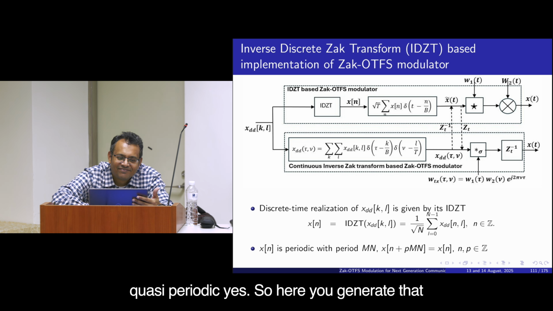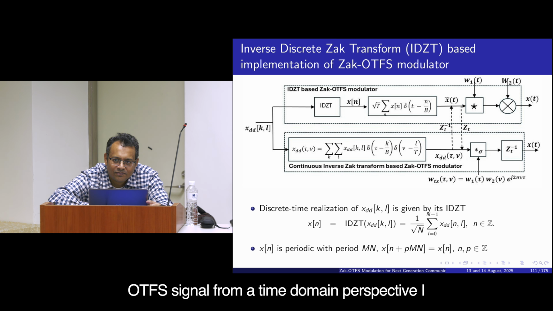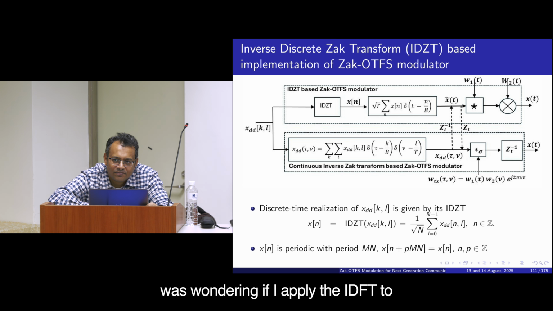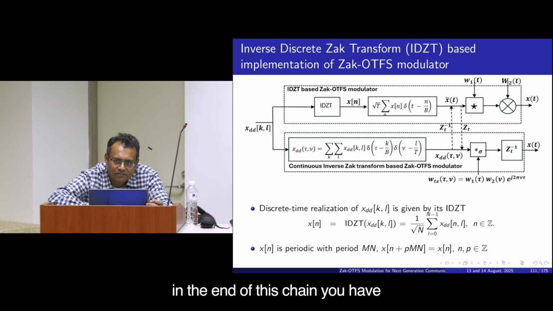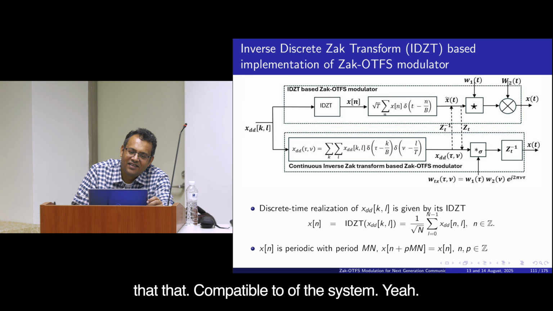So here you generate your ZAC OTFS signal from the time domain perspective. I was wondering if I apply the IDFT to convert the DD domain signal into frequency domain, and at the end of this chain, you have the IFFT to convert into the time domain signal, compatible to an OFDM system. Yeah, so I did that.